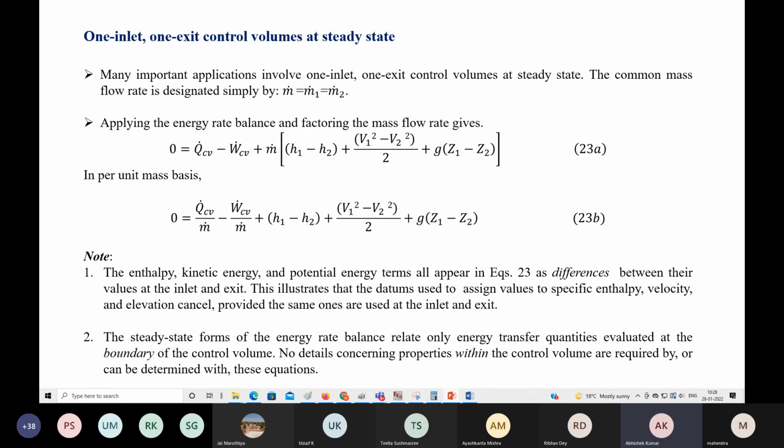Suppose in the case of your hydropower plant, what is happening? The water coming from penstocks, as you might have seen in fluid mechanics, is high velocity water from higher altitudes, having kinetic energy as well as potential energy.